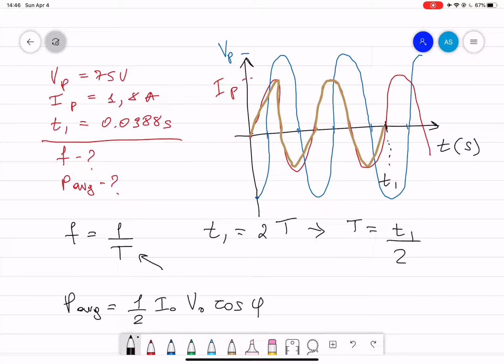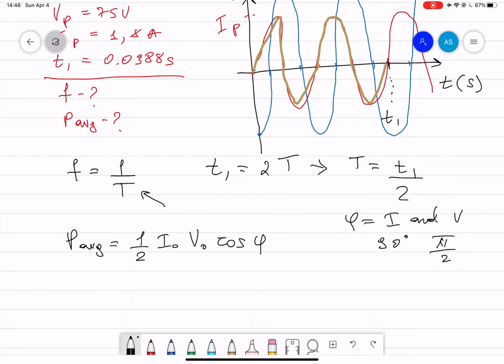So the phase difference between current and voltage is equal to pi over 2, which is 90 degrees. So now if you plug it in here, the cosine of 90 degrees will give you 0. So therefore P average is equal to 0.